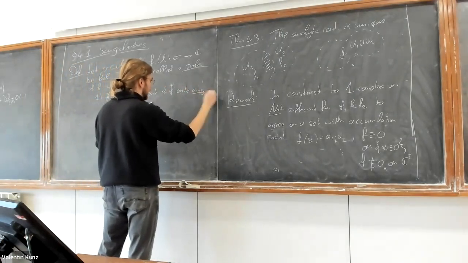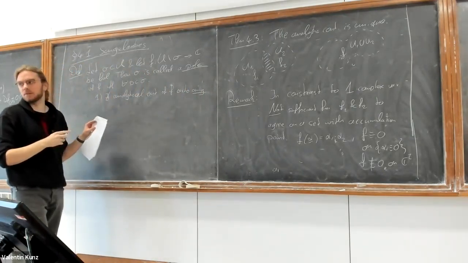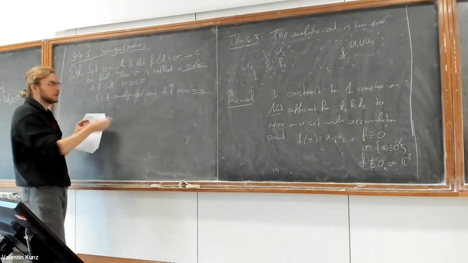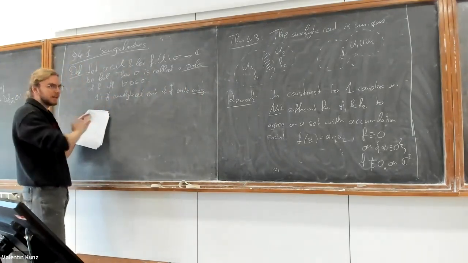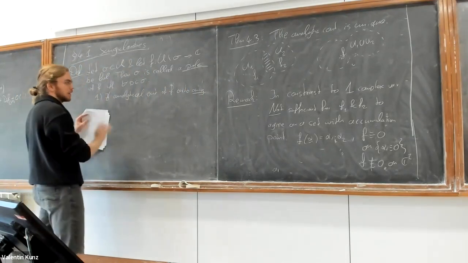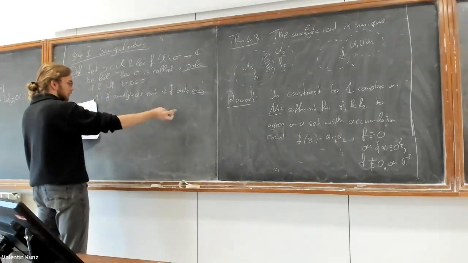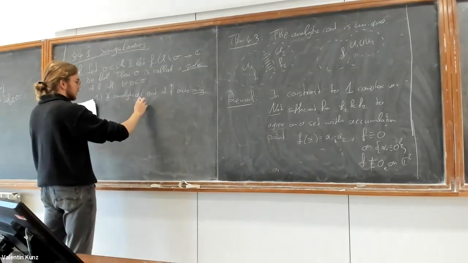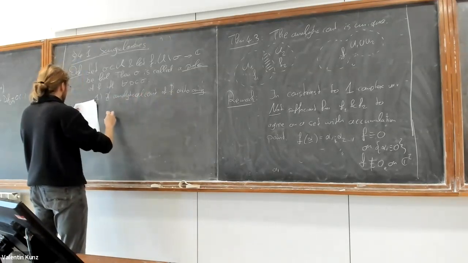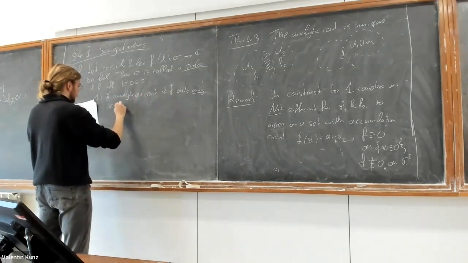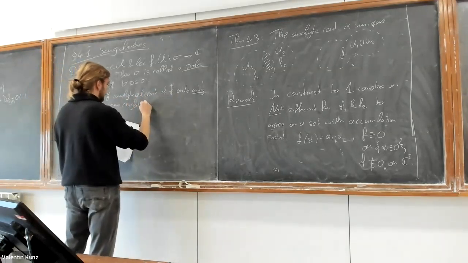onto any open neighborhood U_P of P. So this definition is essentially your one complex variable definition formulated for two complex variables. But the same definition really is the exact same for any number of complex dimensions.